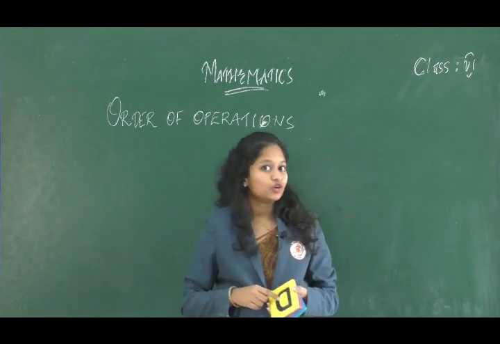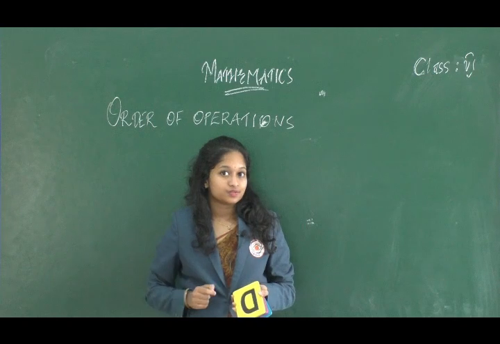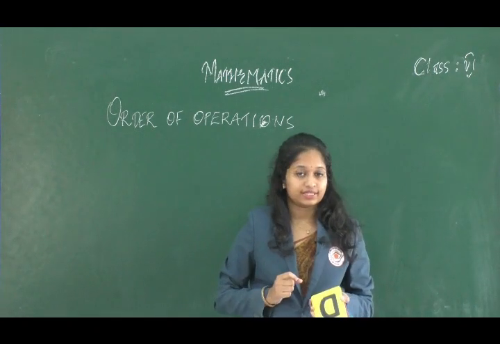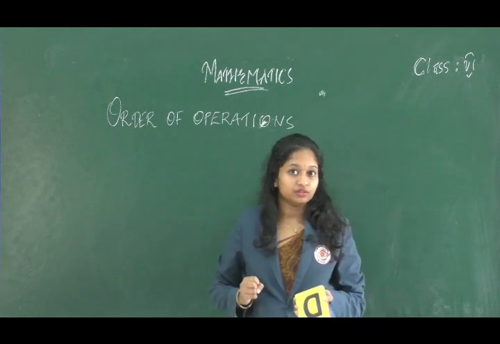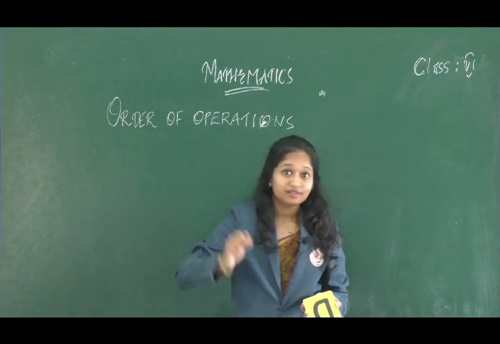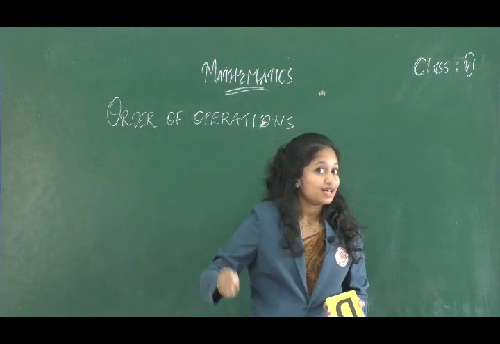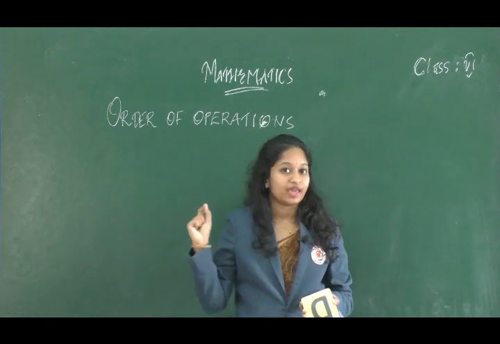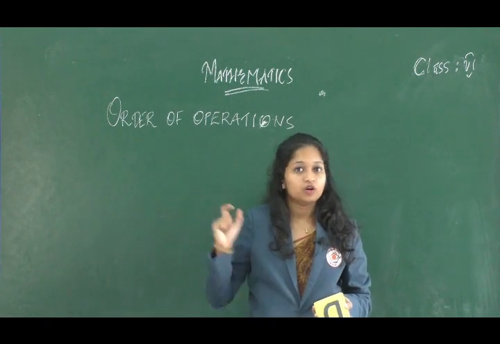There is an order. First, we have to see if any division is there. First, go with division, then multiplication, then addition, and at last, subtraction. So, D, M, A, S must be the order.